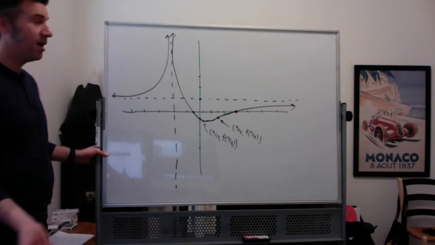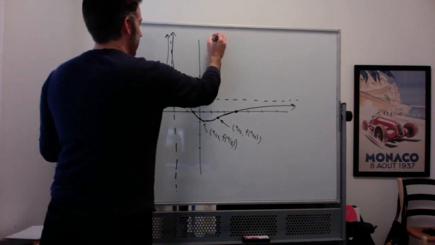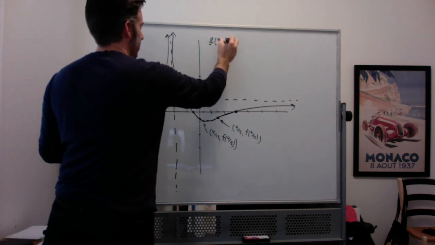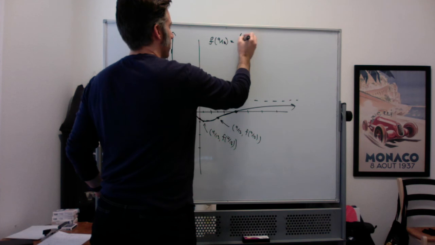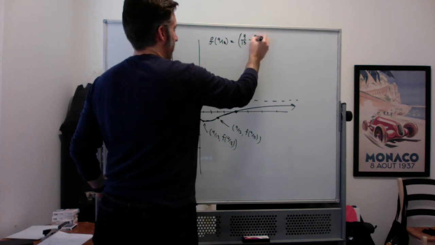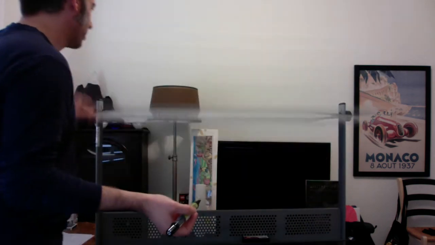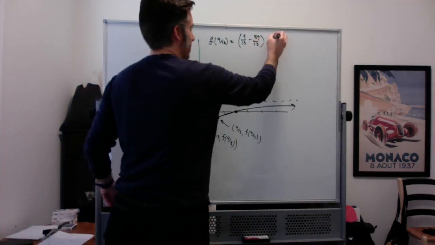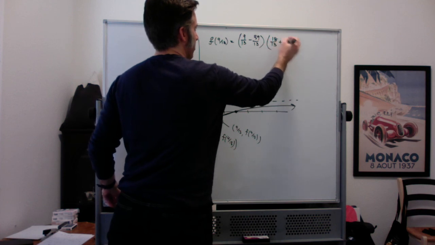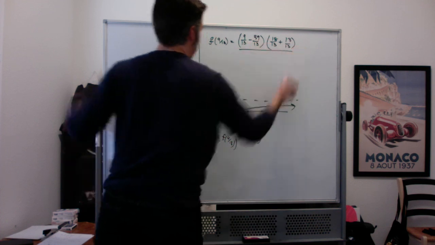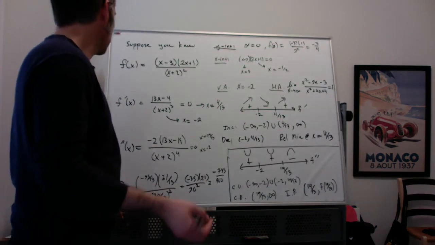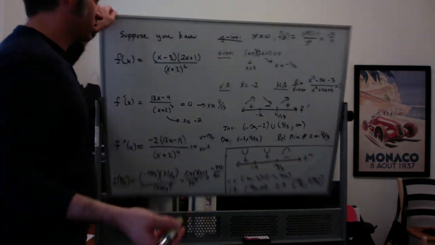And if we really care, we can say that f of 19/13, if we plug that into the original function, it's not pretty. It's 19/13 minus 3 is 39/13, and then it's going to be 2 times 19/13 plus 1. So 2 times 19 is 38/13 plus 1 is 13/13 divided by 19/13 plus 2 squared.